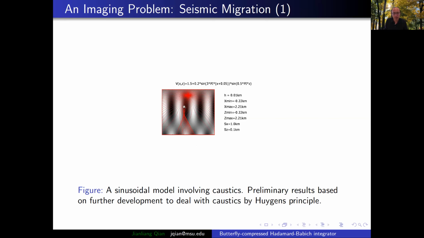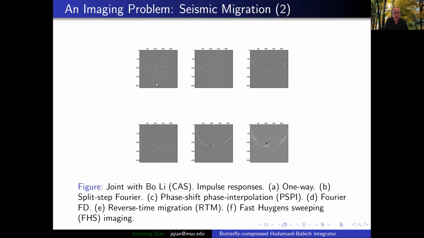This is the caustics, which we have here by retracing. Then we compare with the last one here, corresponding to our Huygens principle based downward wave extrapolation. The other method corresponds to reverse time migration. Those two methods can be compared with each other.